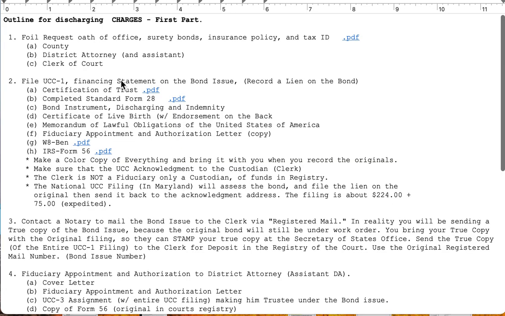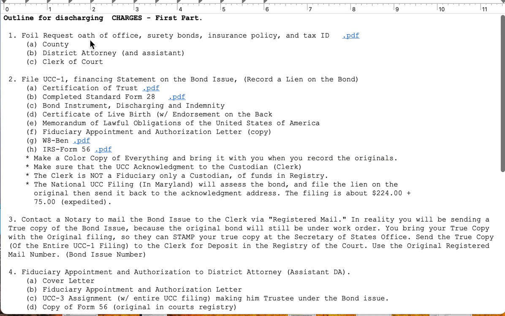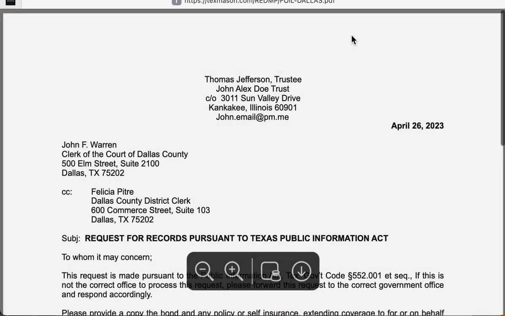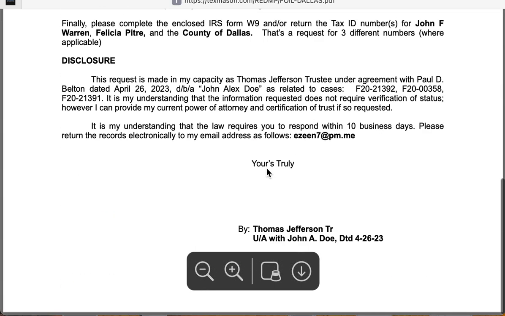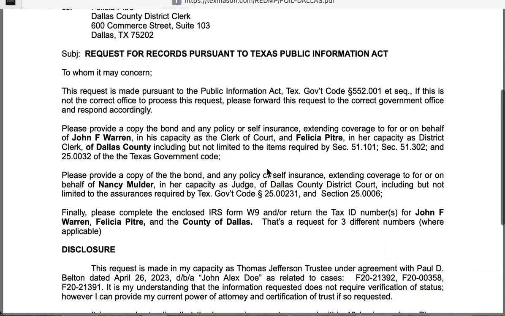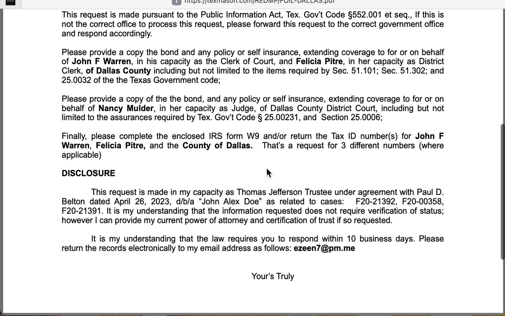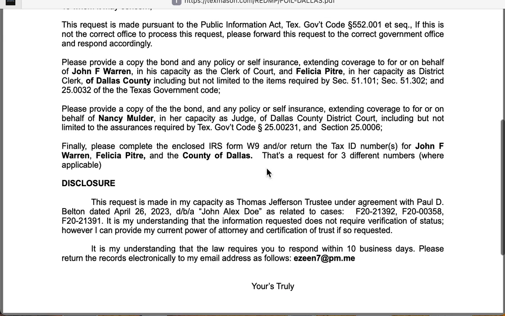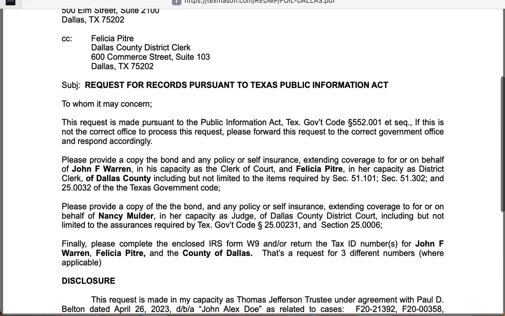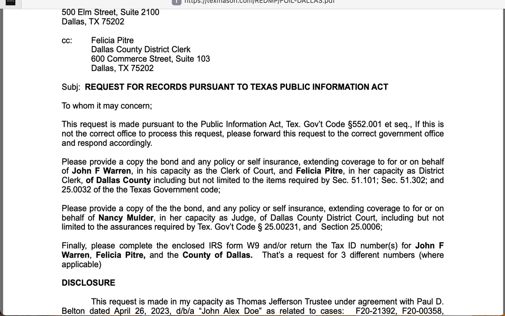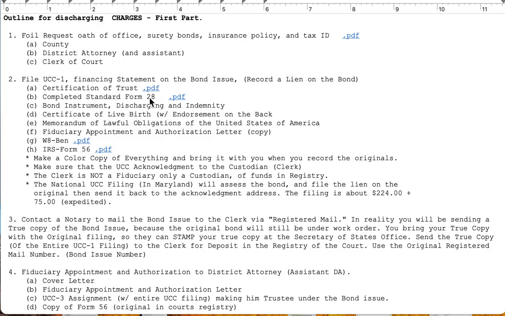All right. So now the other information is the tax ID number. A lot of times they're not going to want to give you that. Oh, one more thing, let me point this out to you. In this same request, you can also request the tax ID number from the clerk of court.